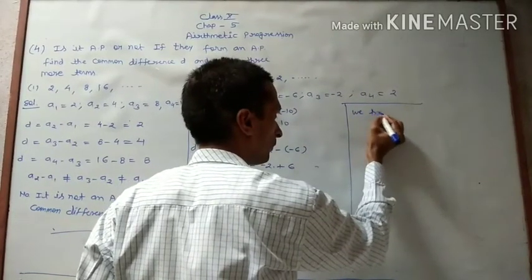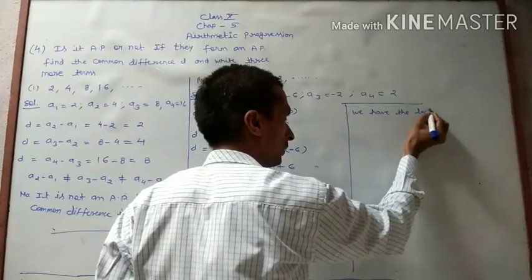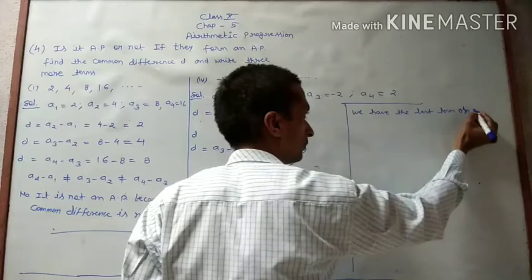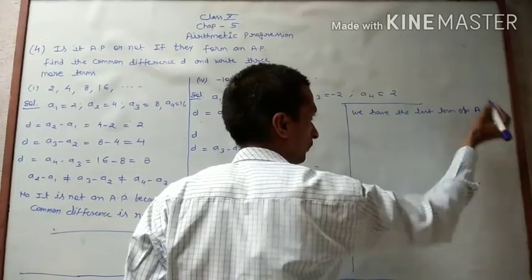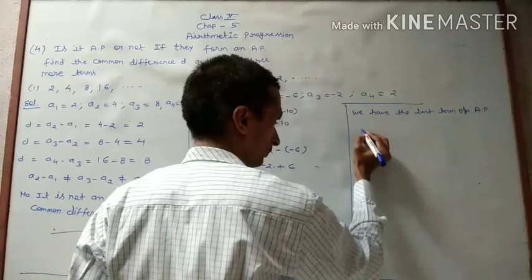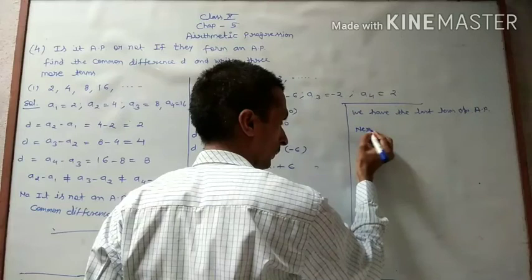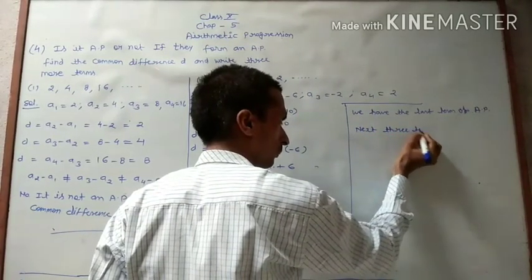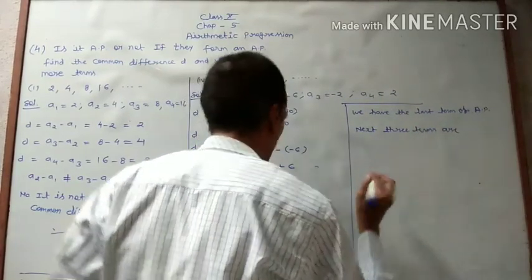We have the last term of the AP. So the next 3 terms are: you can write the last number.